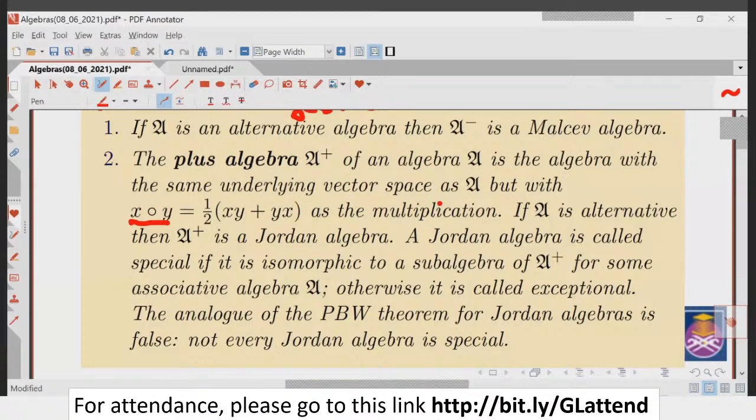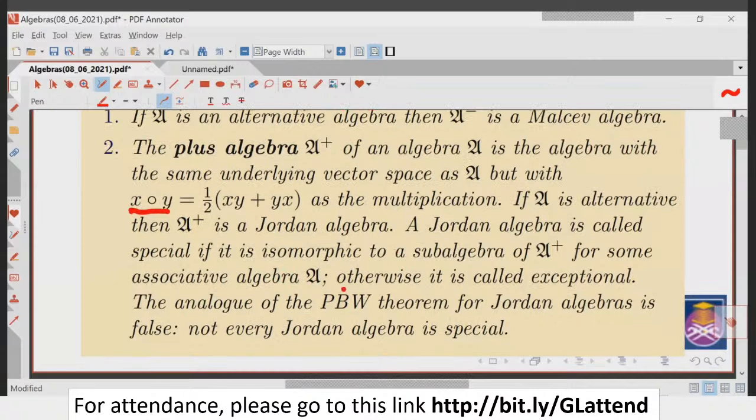Now, if A is an alternative algebra, then that algebra with this product, which we denote as A plus, is a Jordan algebra. A Jordan algebra is called special if it is isomorphic to a subalgebra of A plus for some associative algebra A. Otherwise, the Jordan algebra is called exceptional.